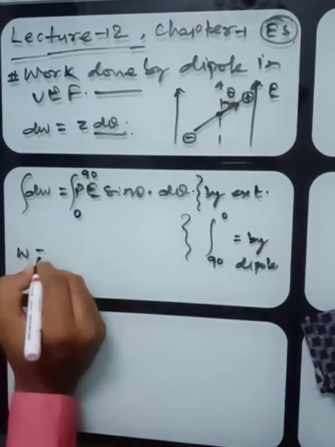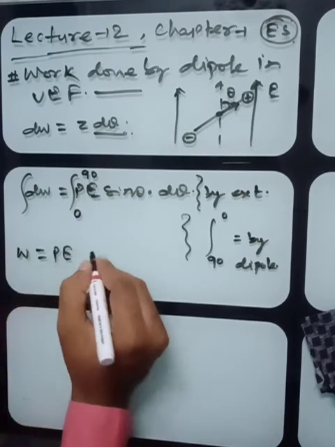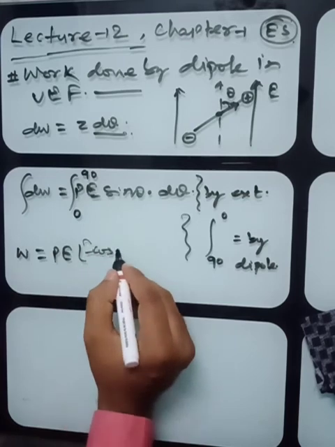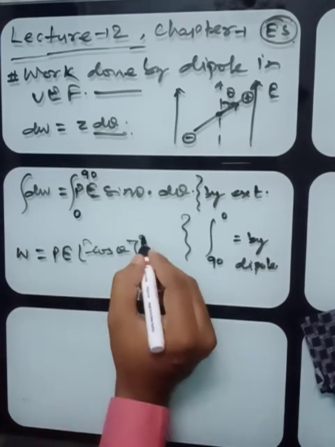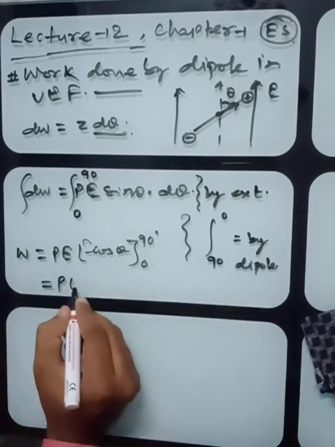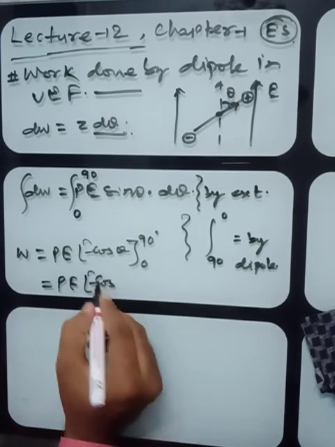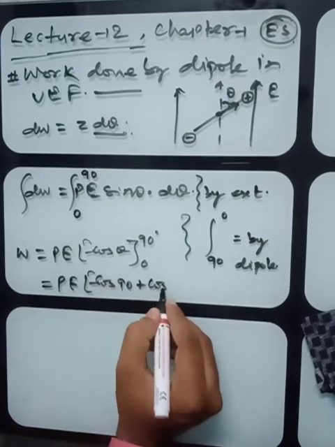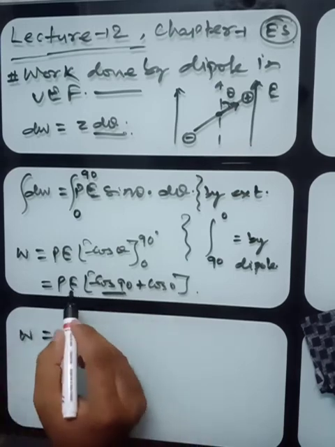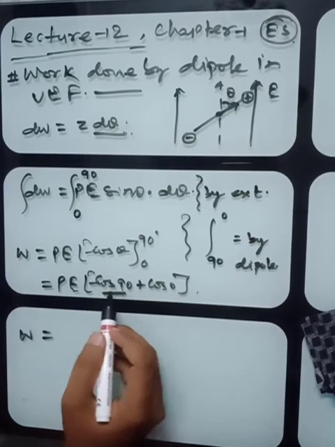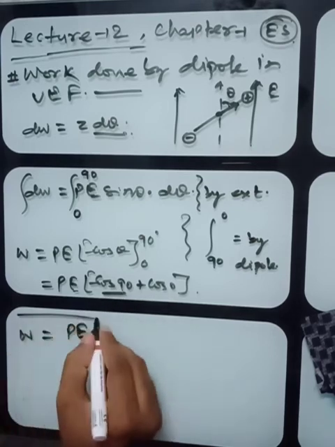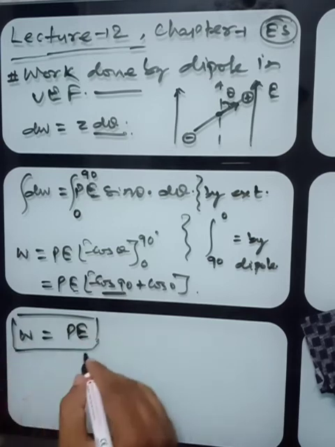Here the work done is pE times the integration of sin theta, which is minus cos theta, from 0 to 90 degrees. So pE times minus cos 90 to cos 0. How much is this? Cos 90 is 0, and cos 0 is 1. So p times E will be the work done by the external agent.